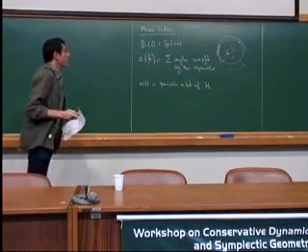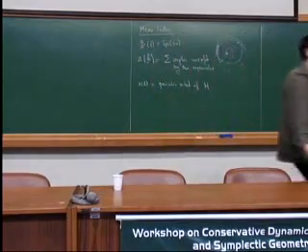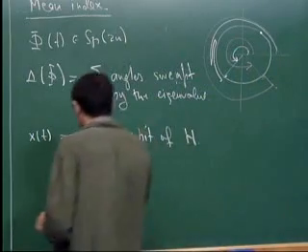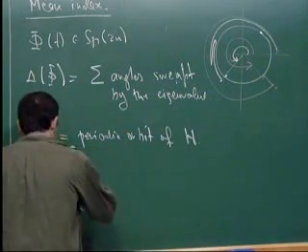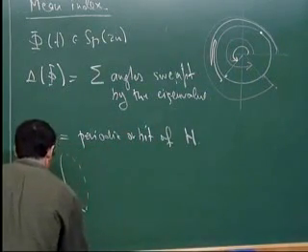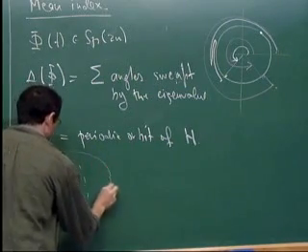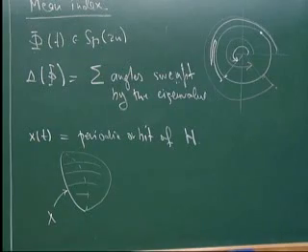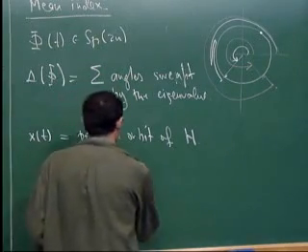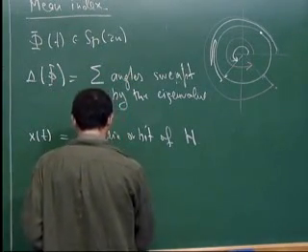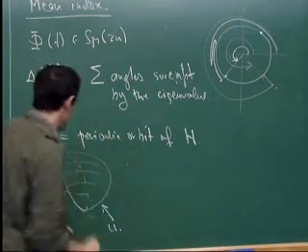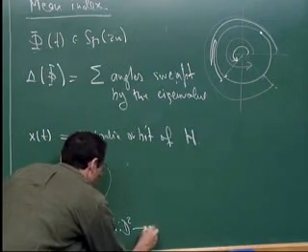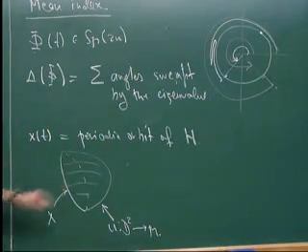Now let x(t) be a periodic orbit of the Hamiltonian H. Remember, when I say a periodic orbit, I necessarily mean a contractible periodic orbit. So that's x. Let's take a disk U bounded by x.